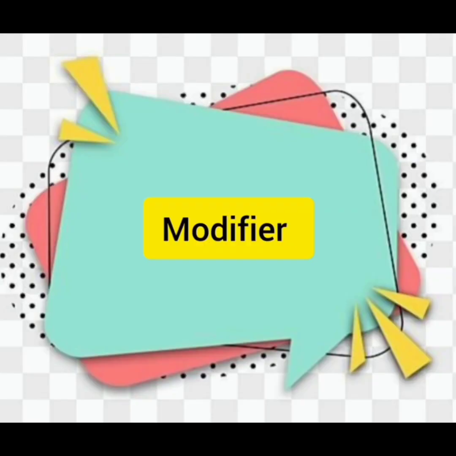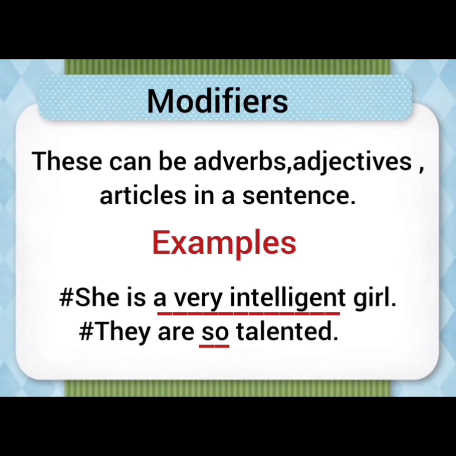Then the next element is modifiers. It's very obvious from the name that these can be adverbs, adjectives, articles in a sentence. For example, she is a very intelligent girl. Now, apart from subject, verb, and object, just look at this sentence. What else is there? She is the subject here. Is is considered the verb.